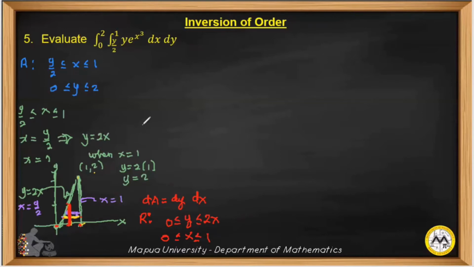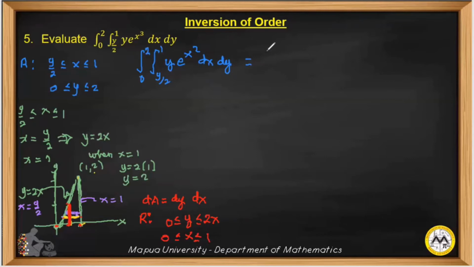Hence, going back to the problem, we will evaluate the double integral of y e raised to x cubed dx dy, x going from y over 2 to 1, and y going from 0 to 2.